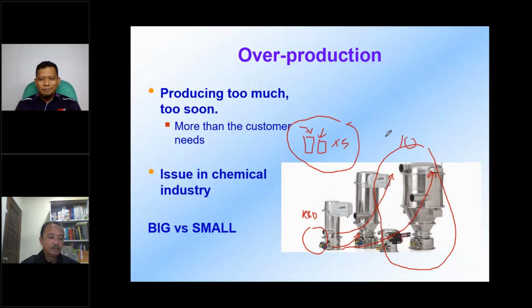If you have a problem, instead of becoming more efficient, it becomes worse. You cannot sell the product, there will be a backlog of orders and so on. But I told them, if you have these 5 and one is down, you can still run the other 4. If you do not have any problem when you do the scale up activity, maybe just buy 1 or 2 reactors first.